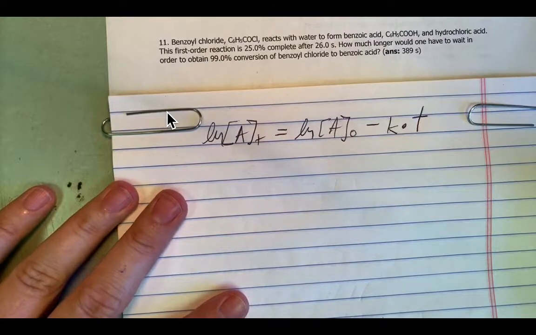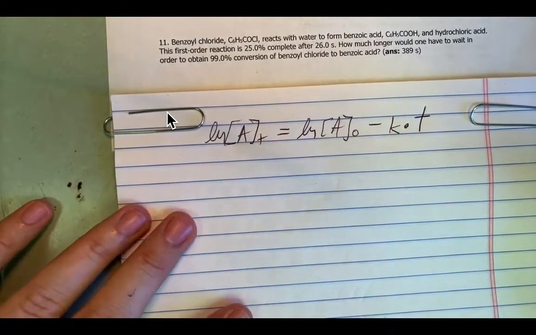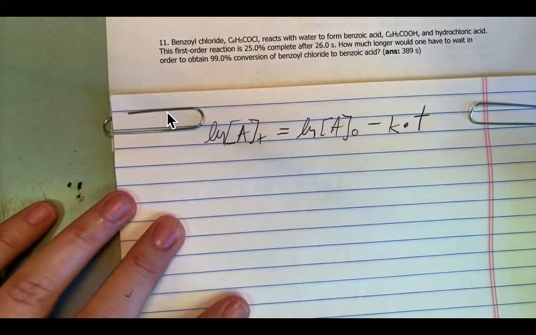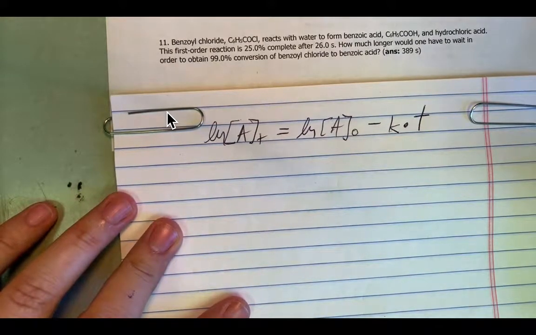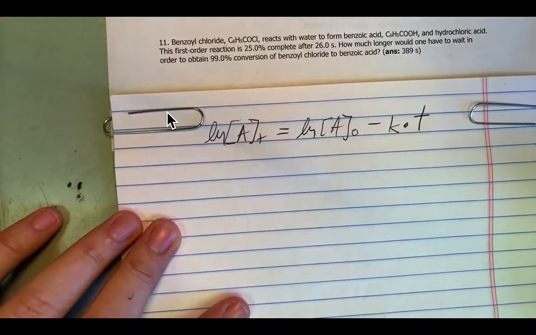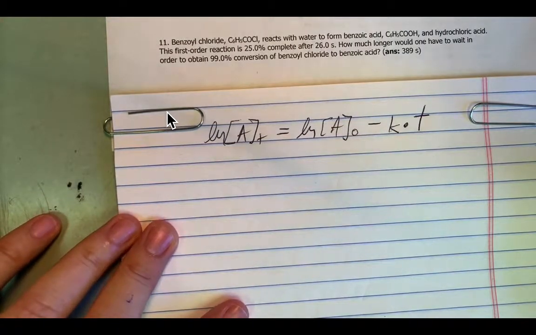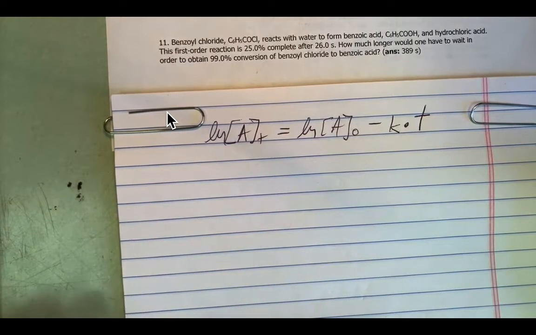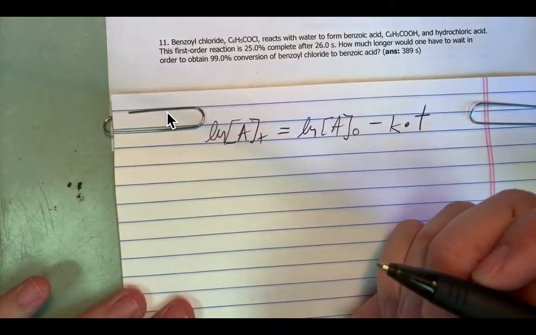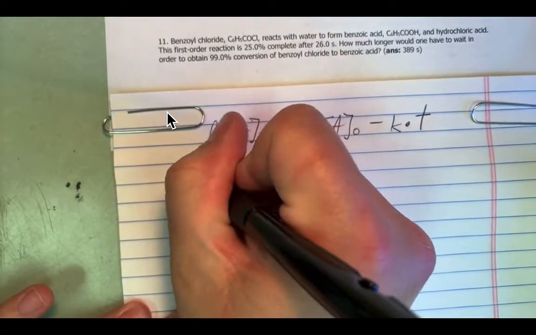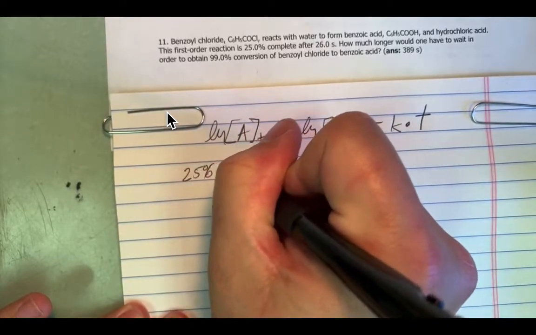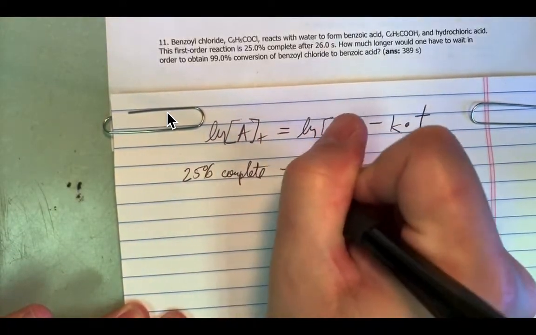But we don't have any concentrations to put in there until we digest the problem just a little bit. So this reaction says that it is 25% complete after 26 seconds. So what that actually tells me is 25% complete.